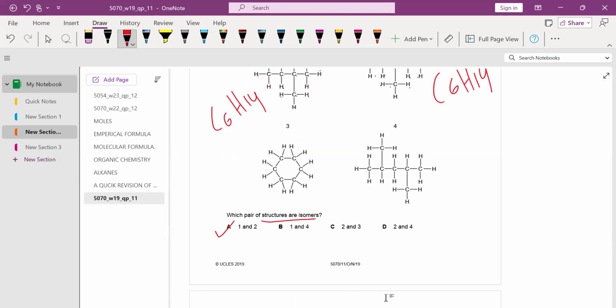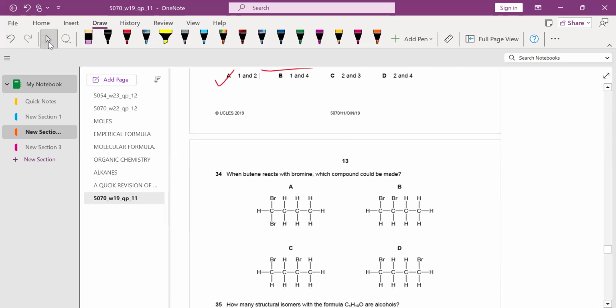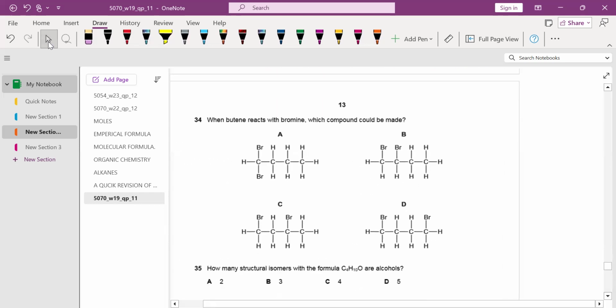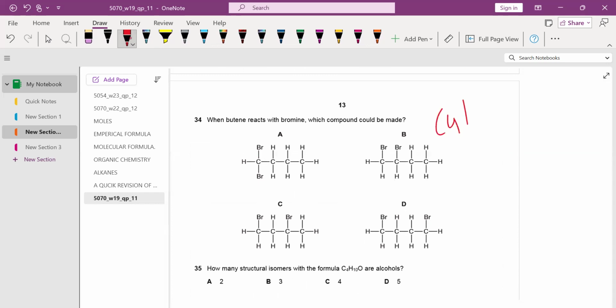Then let's move towards the next question, which is question number 34. When butene reacts with bromine, which compound could be made? Butene's formula is C4H8. Butene is an alkene.